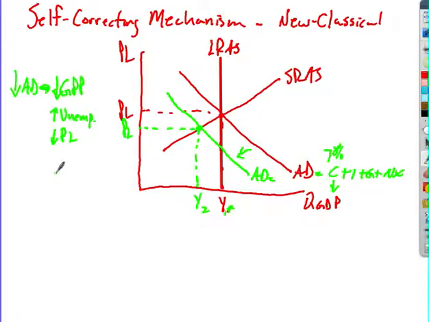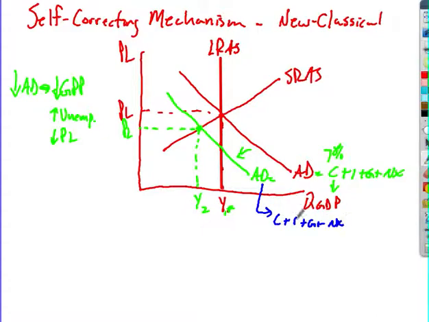So the question is, if the government doesn't get involved, how would the economy fix itself? Because if the government got involved, then, again, aggregate demand is C plus I plus G plus NX.